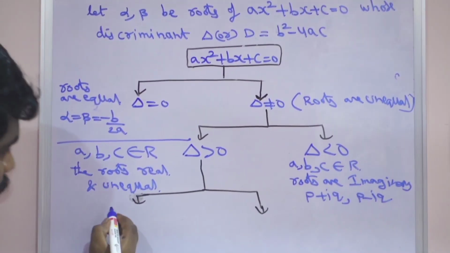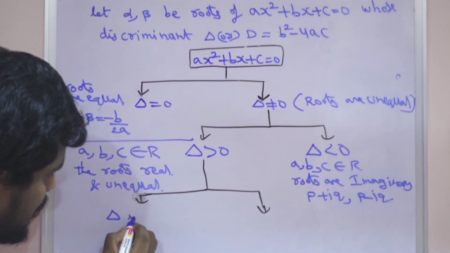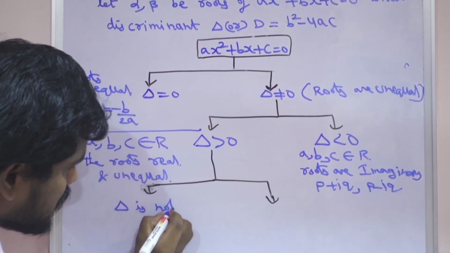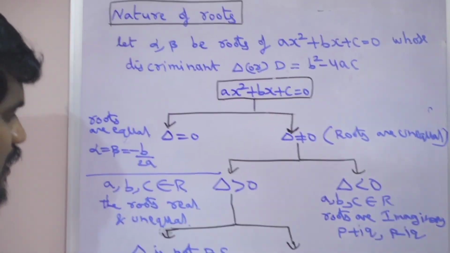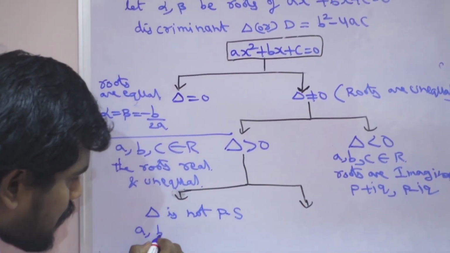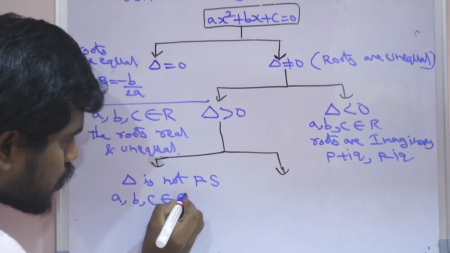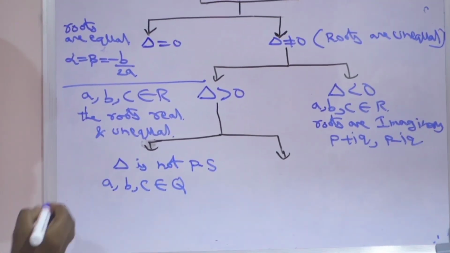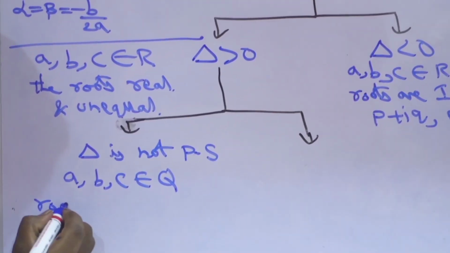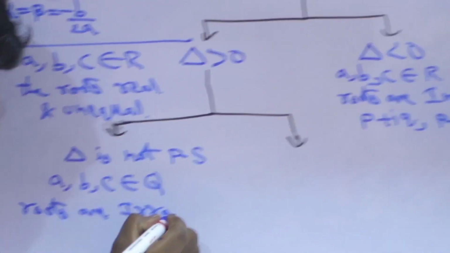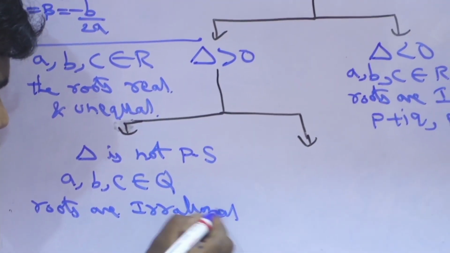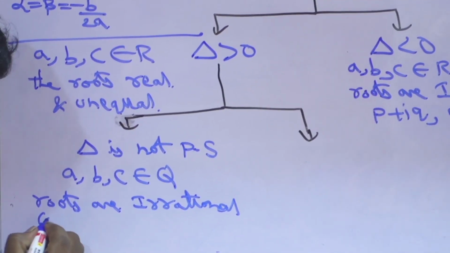Suppose first of all delta is not a perfect square. Here I am taking a, b, c belong to Q, rational numbers. Then the roots are irrational and conjugate to each other.